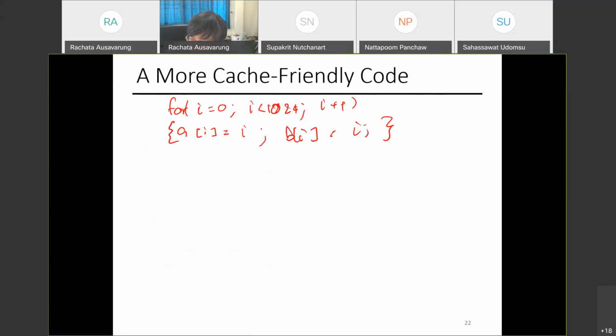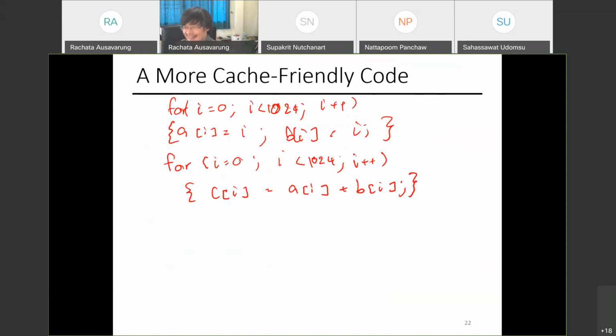The second loop is basically for I equals 0, I is less than 1024, I plus plus, C of I is A of I plus B of I. What's the easiest thing I can do here to make sure that I get a much better hit rate? This is the original code, right?